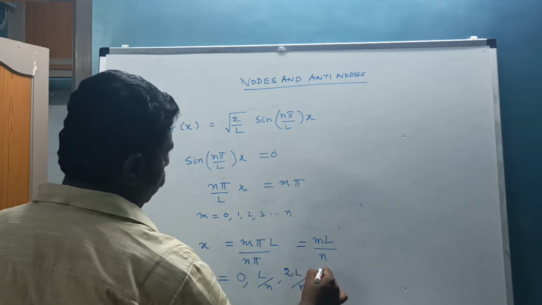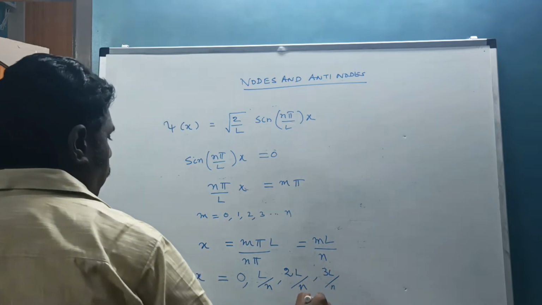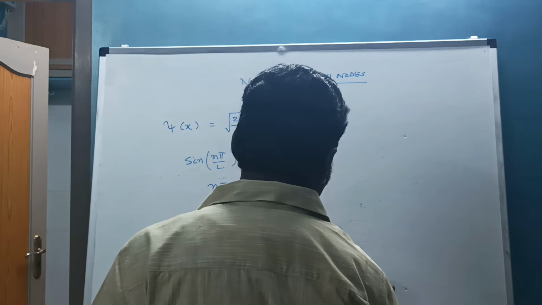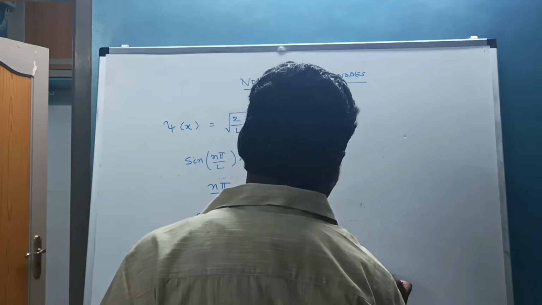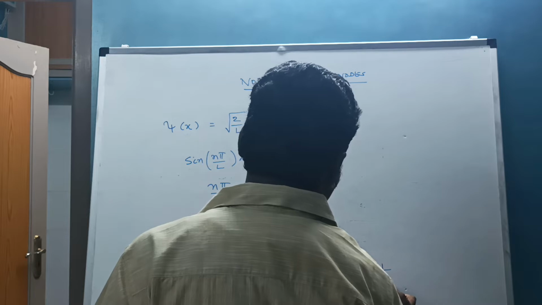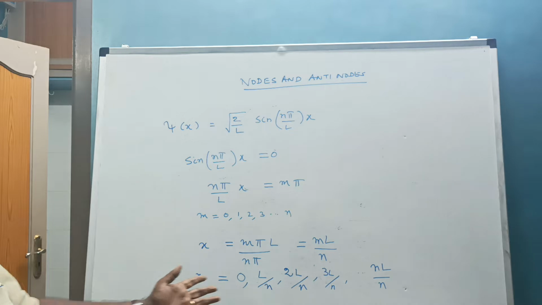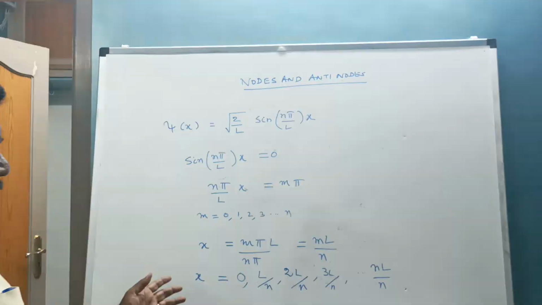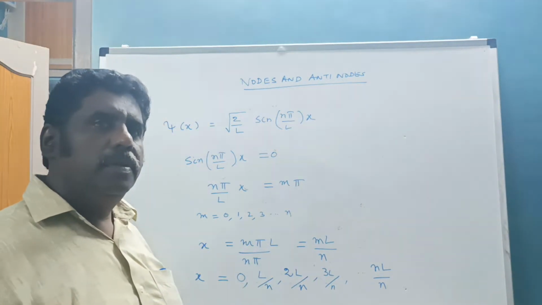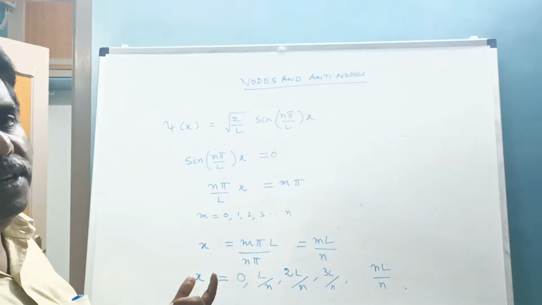If we put m equal to 3, we get 3L by n. The series goes on, and it may end with n L by n. See here, these are all the positions of the nodes for the nth state. Here n stands for the quantum state.